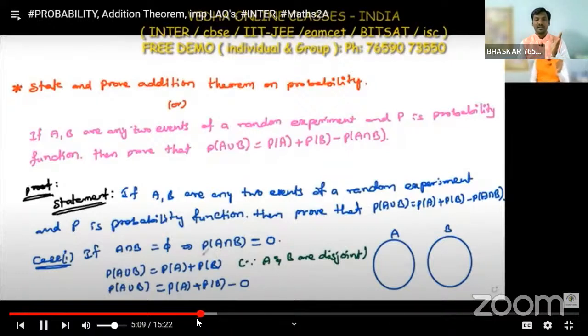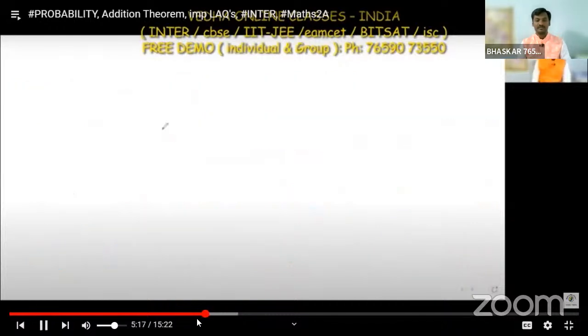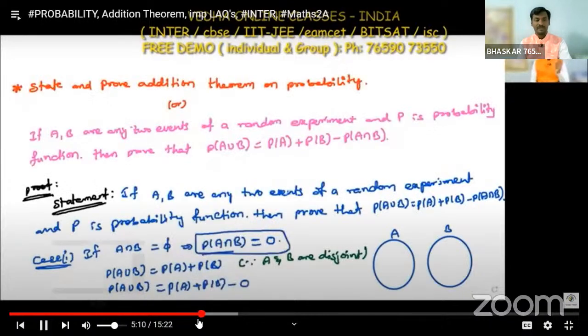Now after that, in place of 0, I am going to write probability of A intersection B. So that means we get probability of A union B is equal to probability of A plus probability of B, just subtracting 0. In place of that 0, if you write probability of A intersection B, we are going to prove the addition theorem.